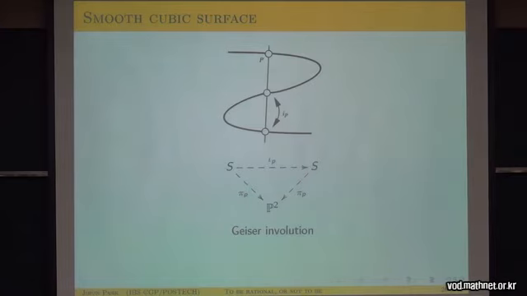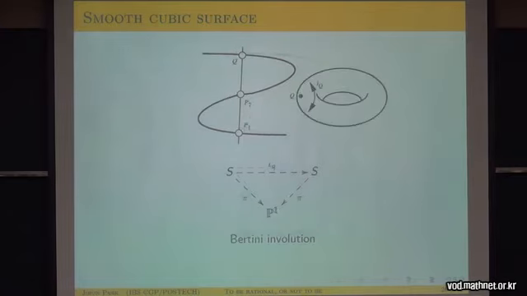And actually there is another involution which is related to the elliptic curve. An elliptic curve is a variety which has the group structure, a one-dimensional object which has the group structure. So there is some way to assign the identity.